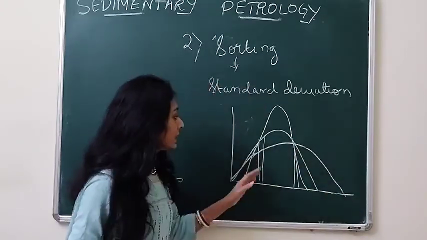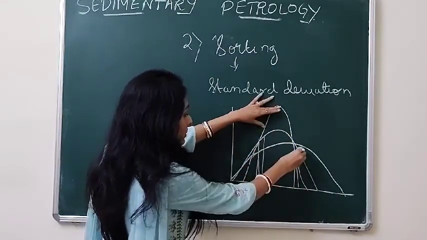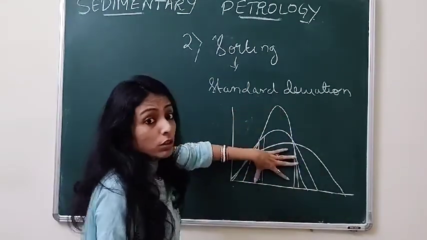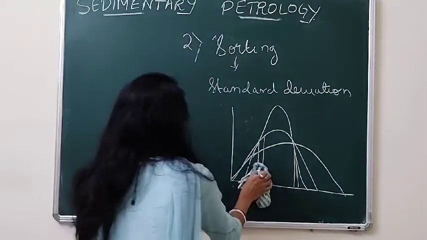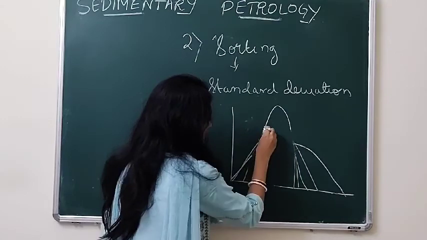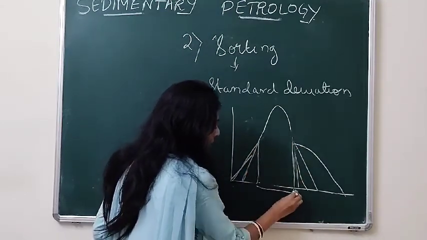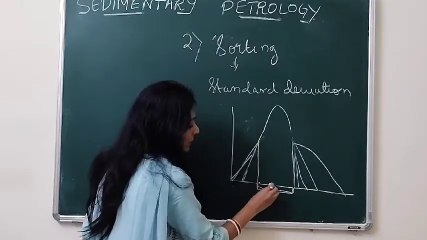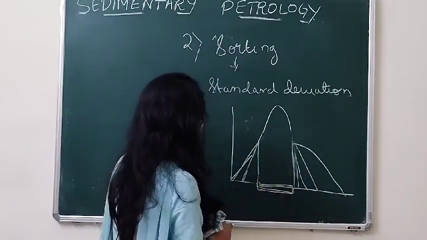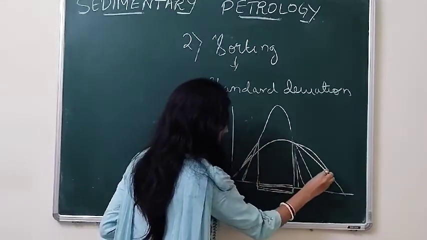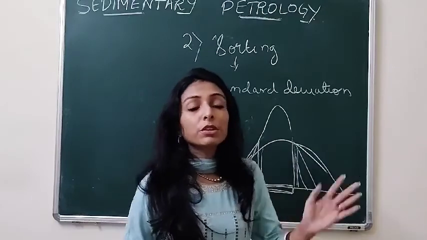Okay, so obviously the graph whose standard deviation is less will be well sorted, because in this graph you see the maximum population lies within a particular standard deviation. But if a graph is like this, the maximum population lies outside from the mean value.